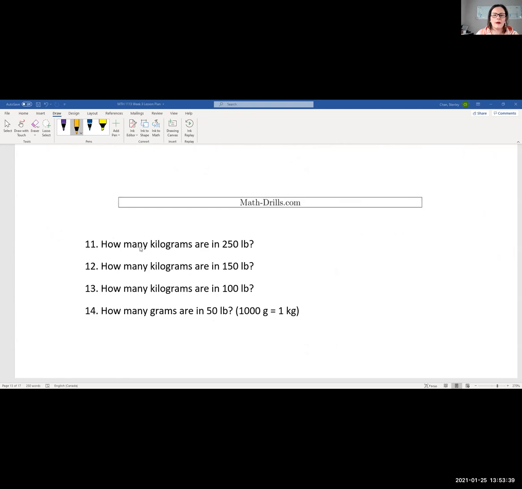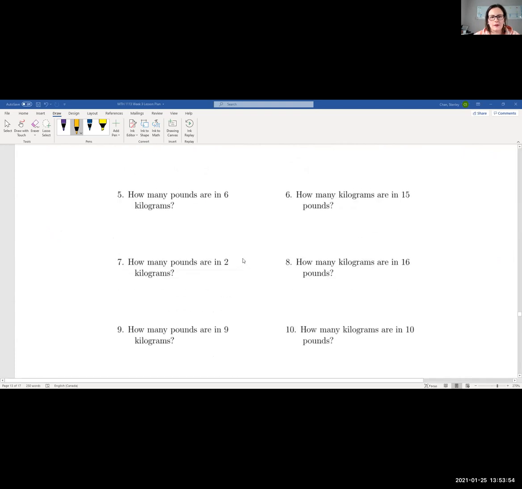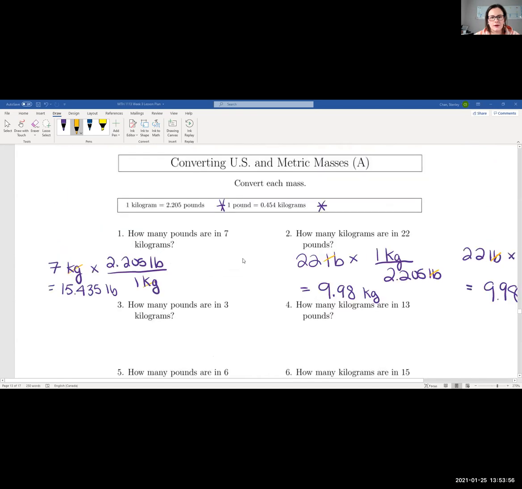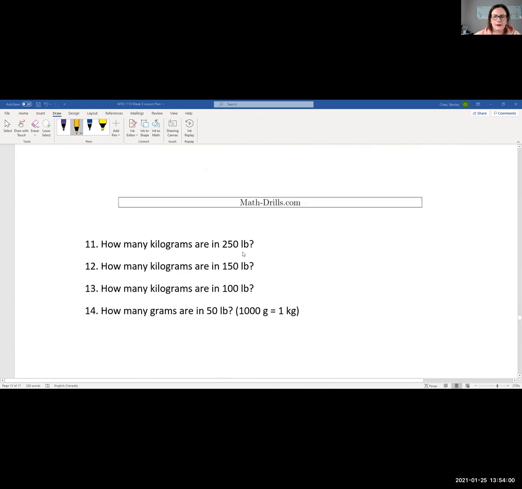Let's say you're charting one of your patients who is 250 pounds, but you need to know how many kilograms that patient is. You have to convert 250 pounds back into kilograms because that's the way the chart is written.